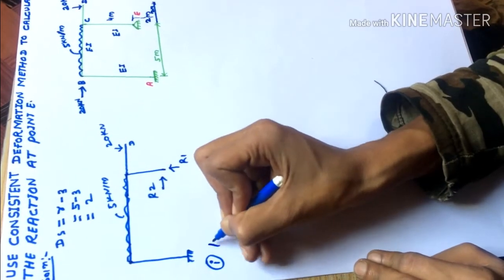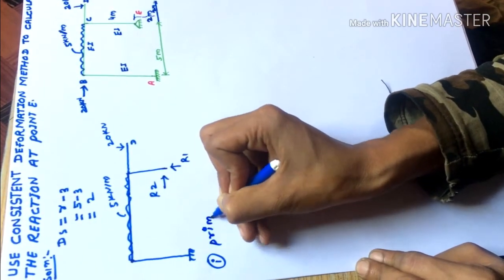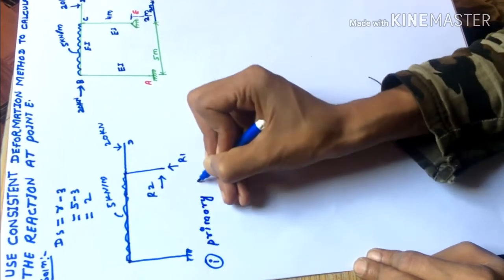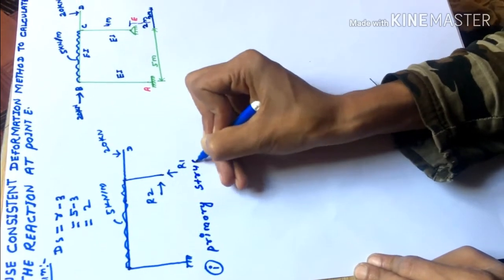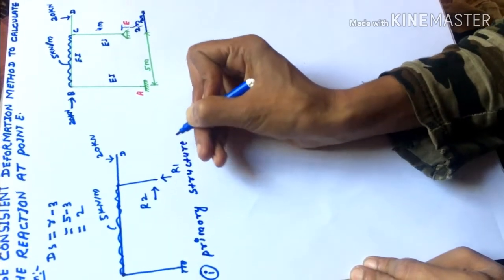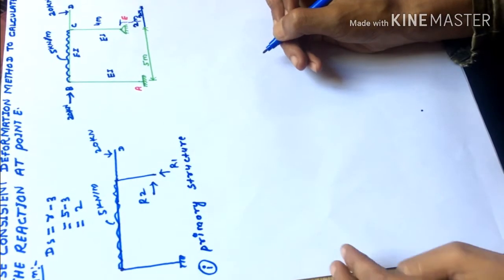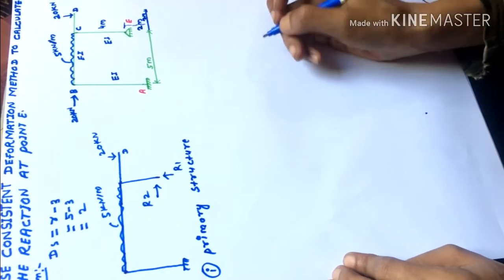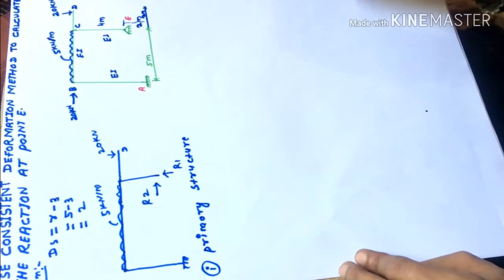So this system is known as the primary structure. And this primary structure is in determinate form, and we can apply the static equations of equilibrium.